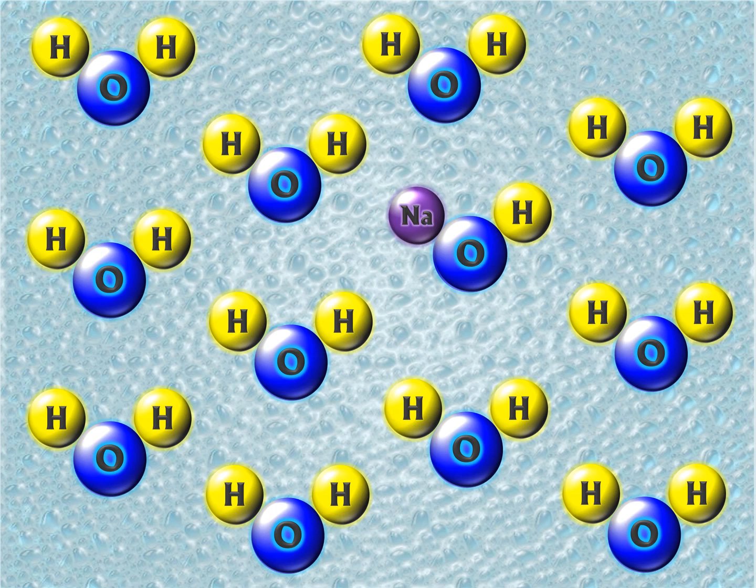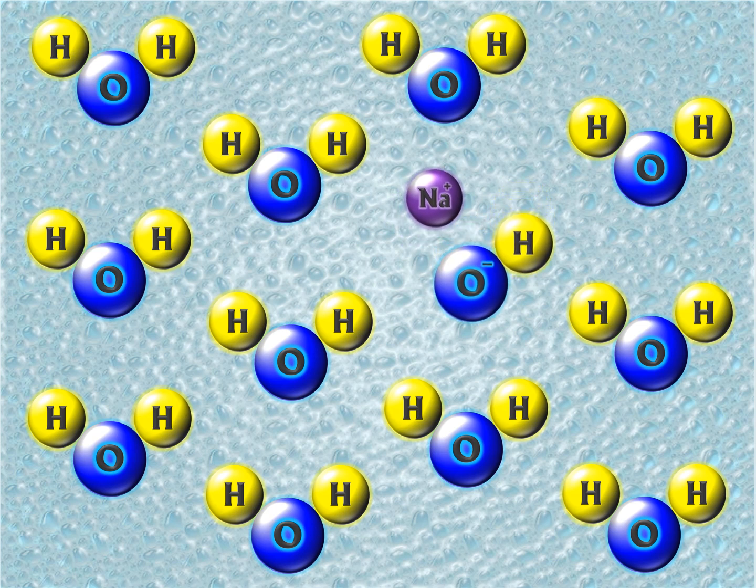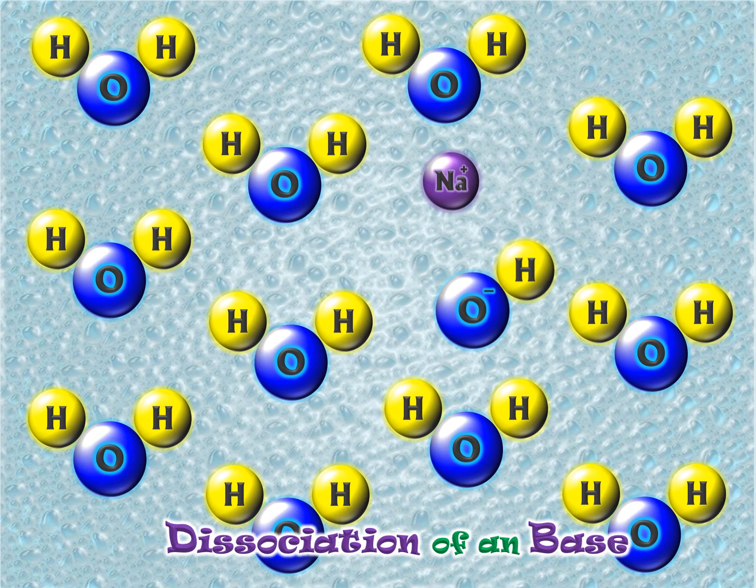So water pulls on them, and then it causes them to, what's the D word again? Dissociate. And what you wind up with is a sodium ion and hydroxide. So the dissociation of a base is one way to generate hydroxide.